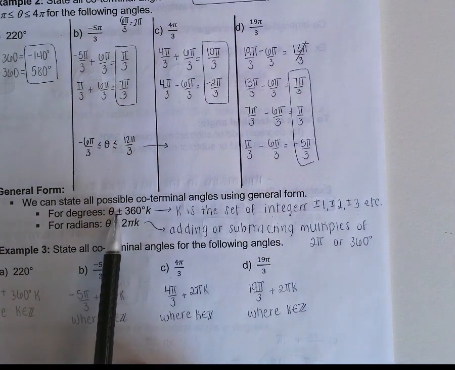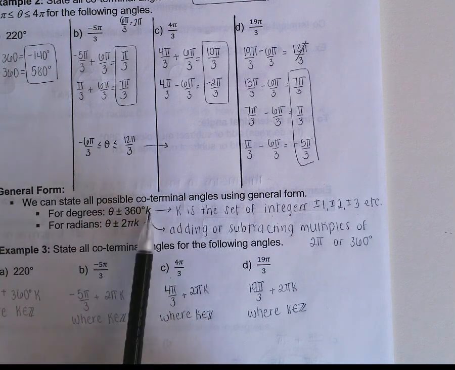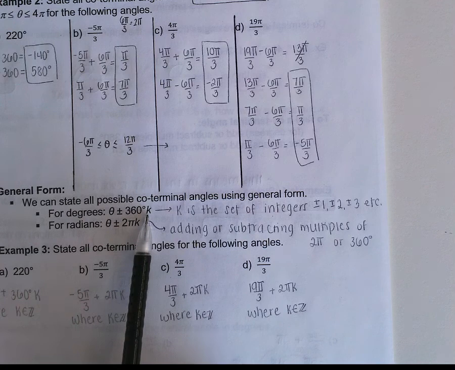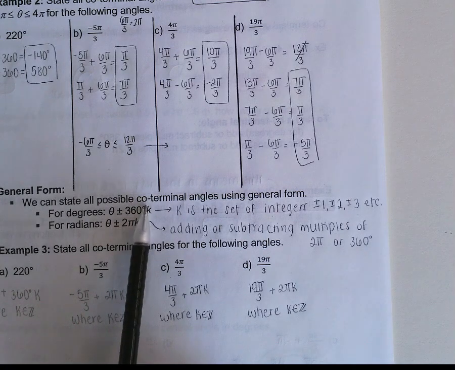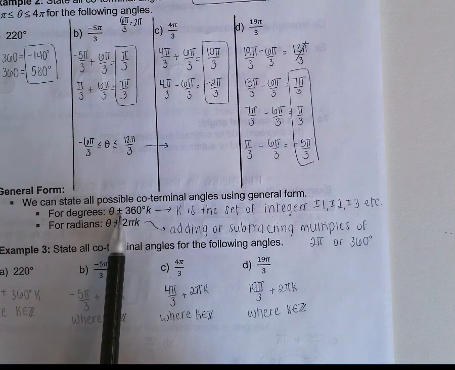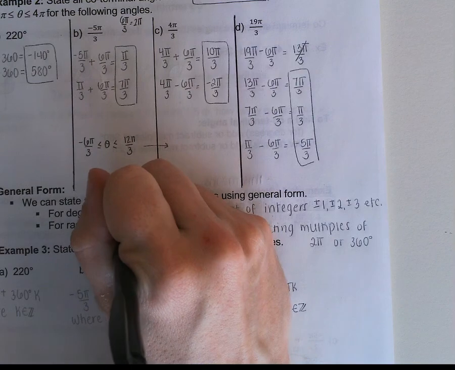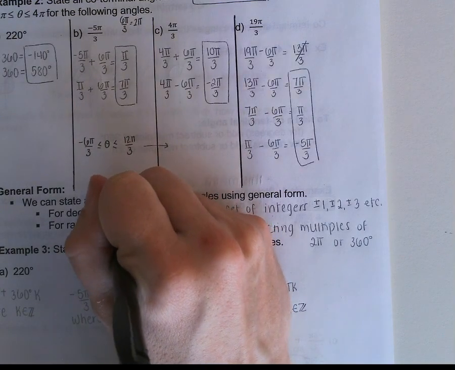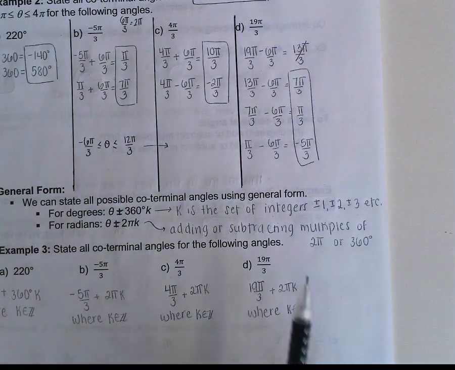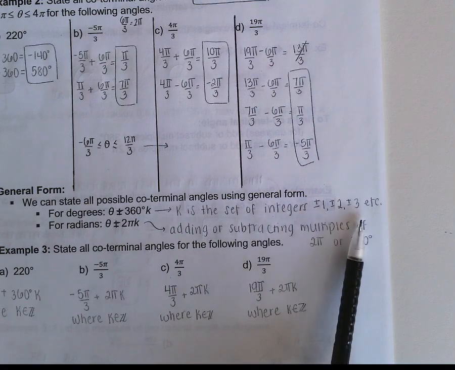Now here, I actually don't need this subtraction, because technically, k can be positive or negative. So if I was multiplying by negative 1 or negative 2, that's the same as subtracting. So you can actually just write the general form as plus 360 times k, as long as you say that k is integers, so positive or negative.